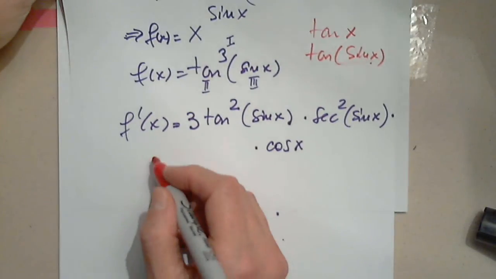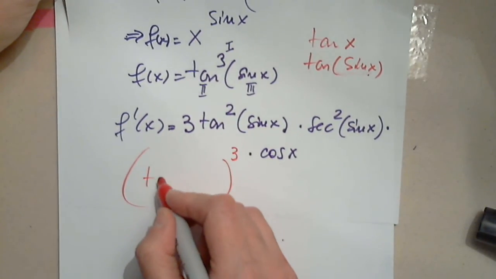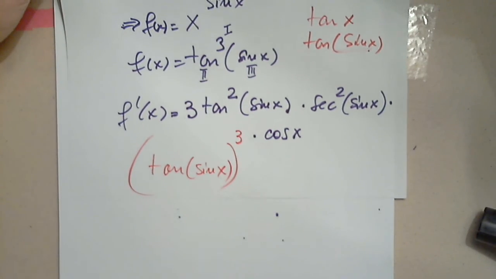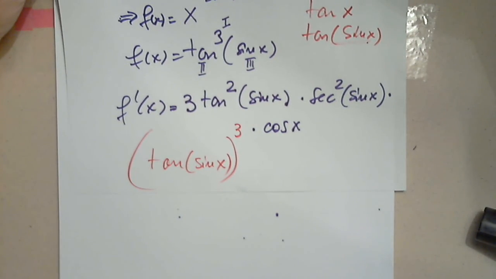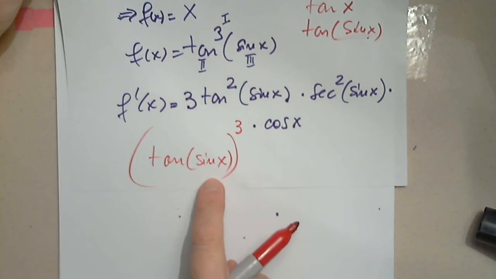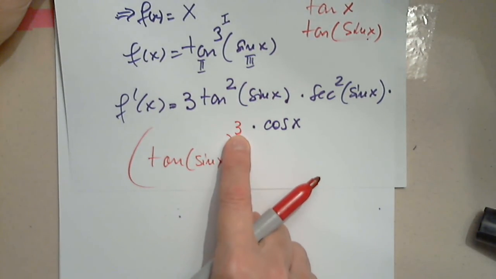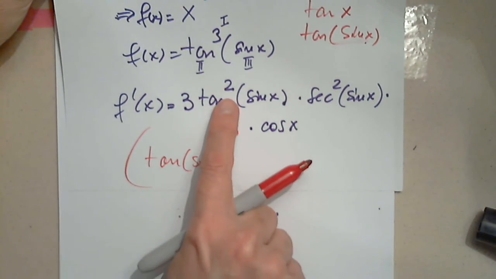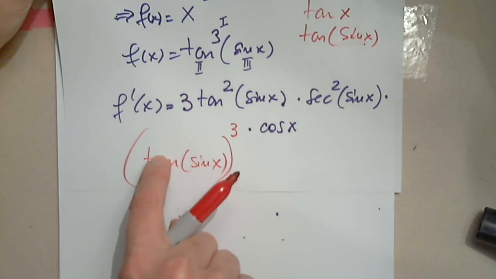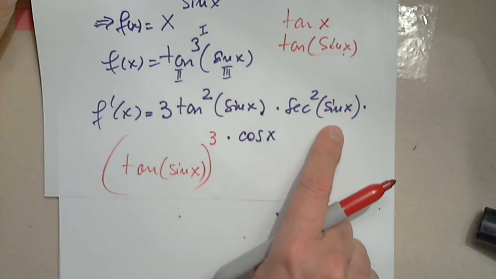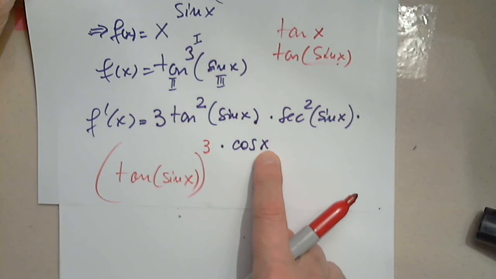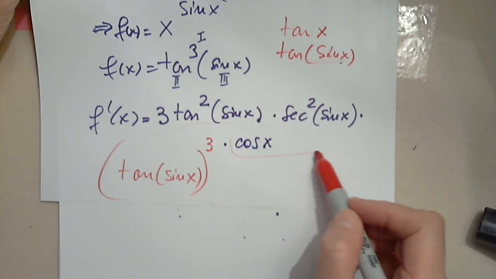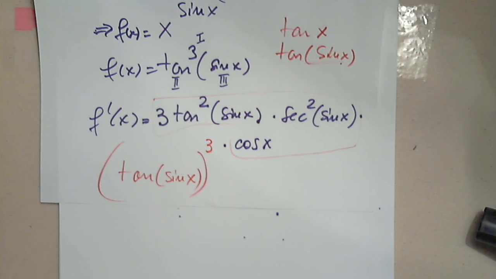So tangent is applied to sine. First you have to differentiate the power: 3 times this squared, times the derivative of tangent at sine x, times the derivative of sine, which is cosine x. So you cannot do anything else. Okay, so we're okay with just leaving it. Yes. Perfect. That's the only thing I was confused on. There is nothing you can do there. This is it.